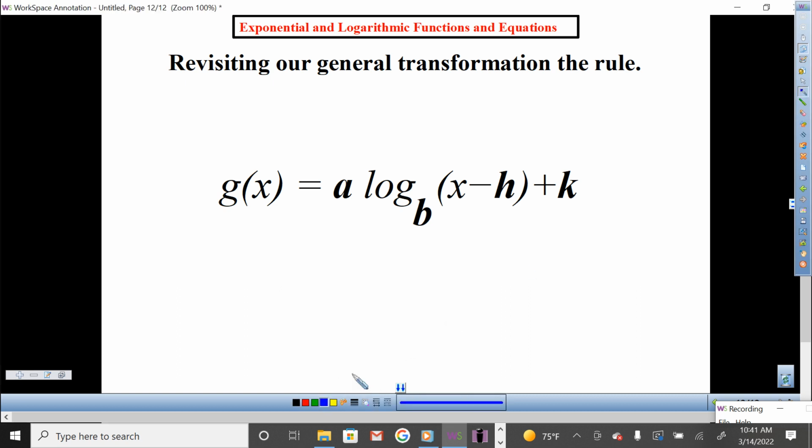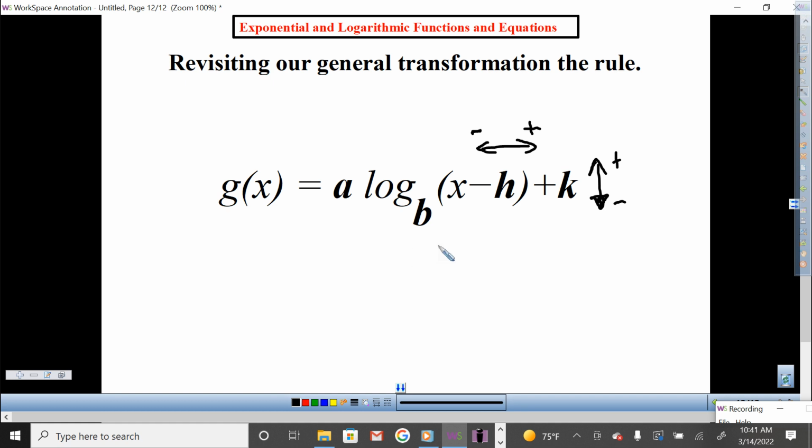And once again, for the sake of time, k goes up or down. Up if it's positive, down if it's negative. h goes side to side, to the right if it's positive, to the left if it's negative. It stretches or compresses if it's a whole number or a fraction, vertically or horizontally, right?